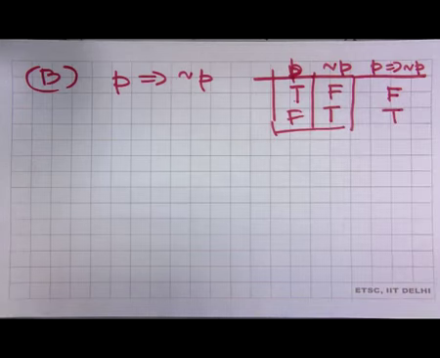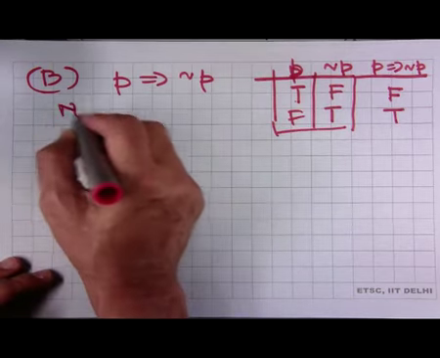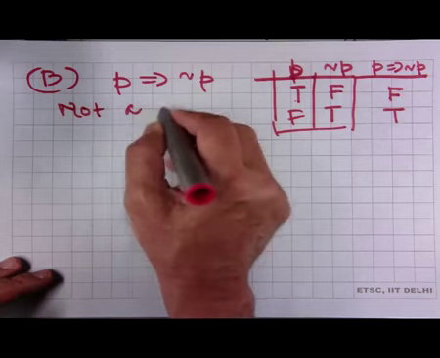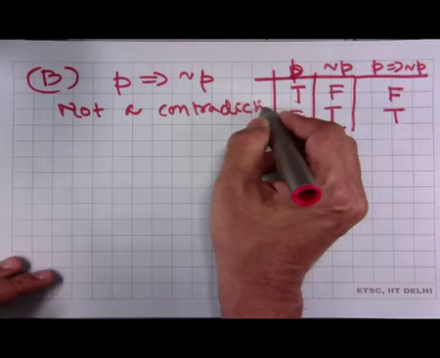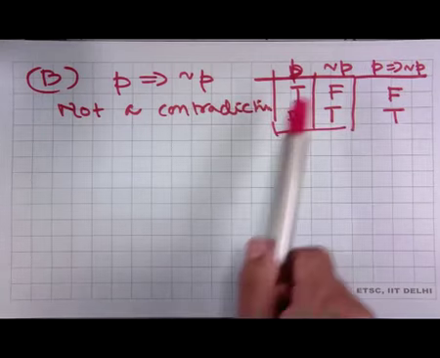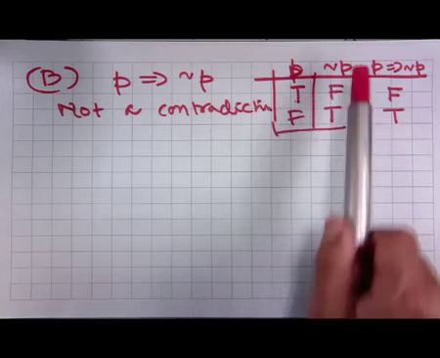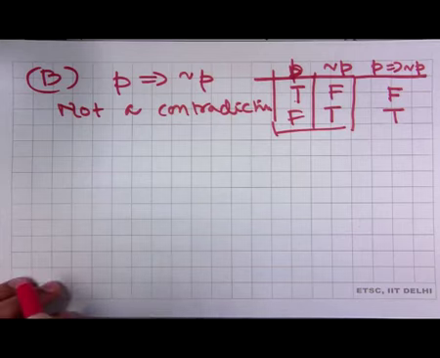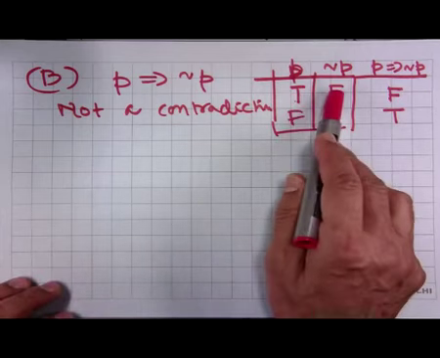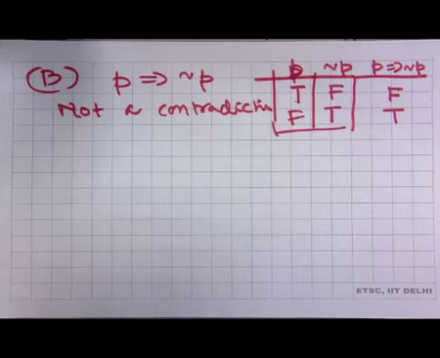Therefore, P implies not P is not a contradiction. Because P can take values T and F, corresponding values for not P are F and T, and from the table of implications we know that true implies false is false, but false implies true is true. Therefore, it is not a contradiction.